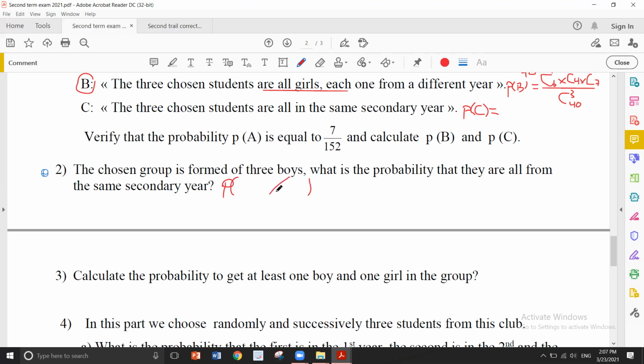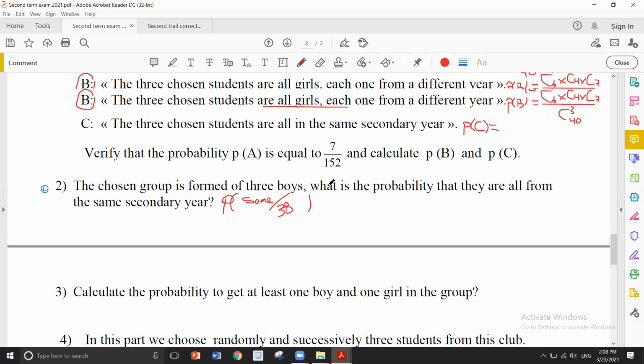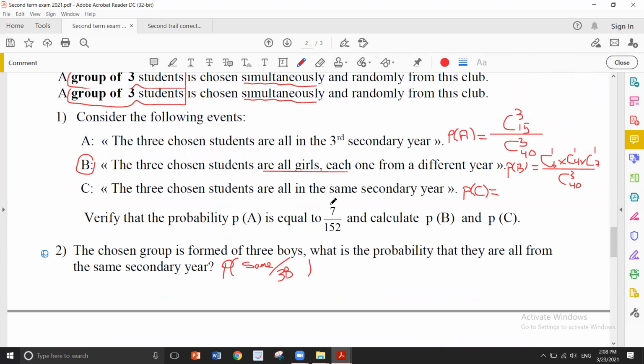I put here 3 boys. Same secondary year, same year. So here we have conditional probability. So the chosen group is formed of 3 boys. What is the probability they are from the same secondary year?